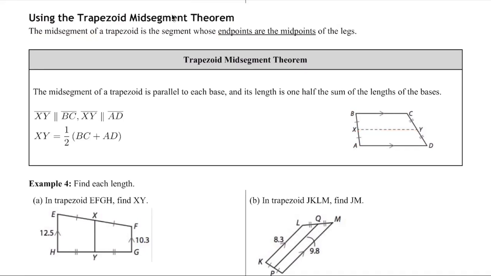Now, if you think about it, this is very, very similar to the midsegment theorem for the triangle, right? In that case, if you had a midpoint like this, we learned that XY is one half of AC.